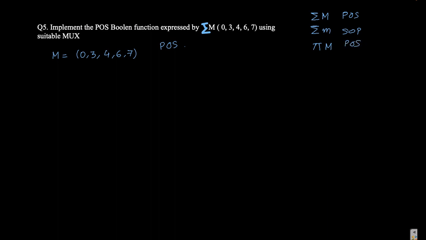Okay, now what should we do? There are 0 to 7, it means there are three inputs. As there are 3 inputs, 0 to 7 means 3 select lines and 8 inputs. So if we make this through our 8:1 MUX, it is quite easy.